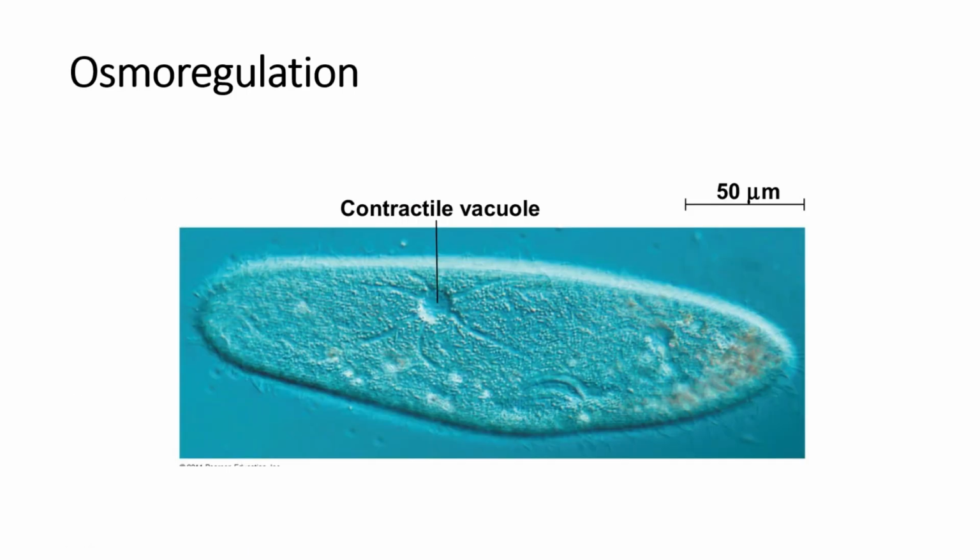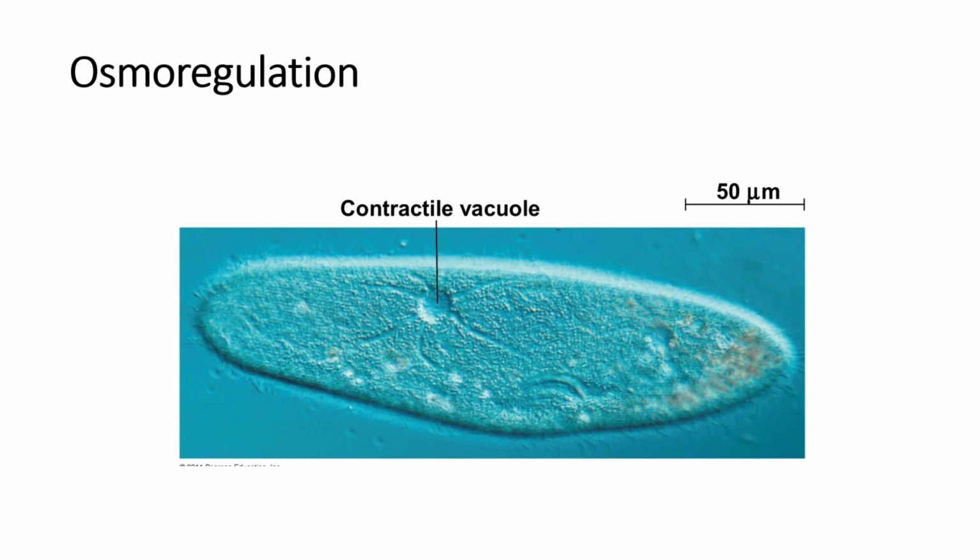So osmoregulation. Hypertonic or hypotonic environments, again, create an osmotic problem for the organism. Now, osmoregulation, as the name implies, is regulating osmosis. Okay, it's a control of the solute concentrations and water balance. And this is a necessary adaptation for life in these environments.